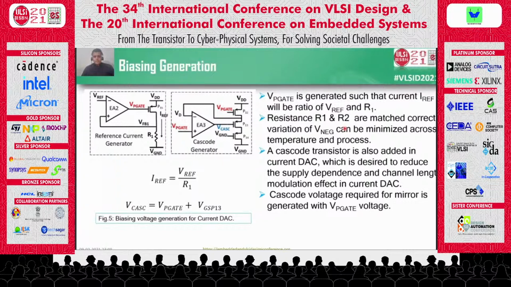And the cascode voltage required is generated such that it will be the summation of VP gate plus VGSP13. So it will adapt across the process voltage and temperature with the help of VGSP13, and our current mirror will work with the required voltage and required configuration.